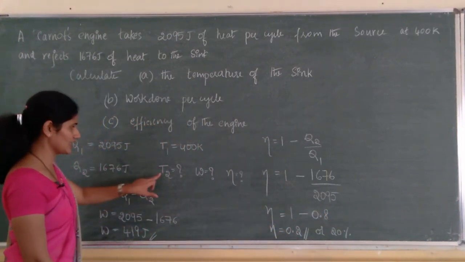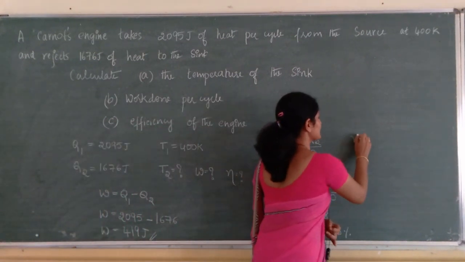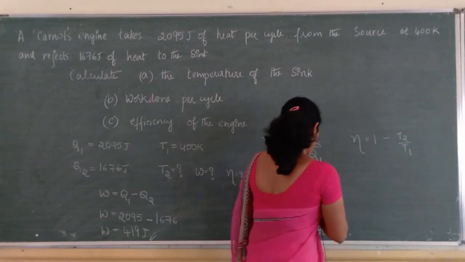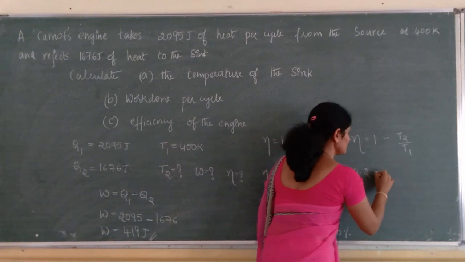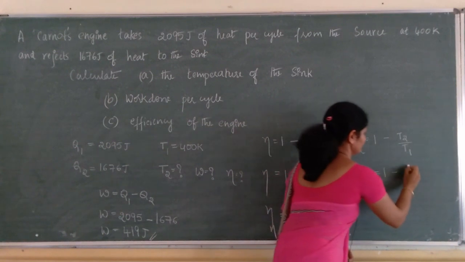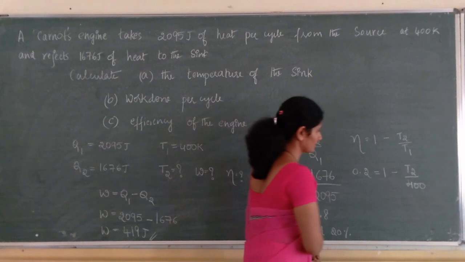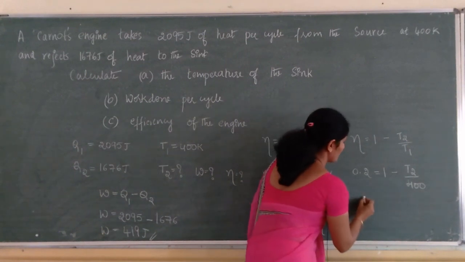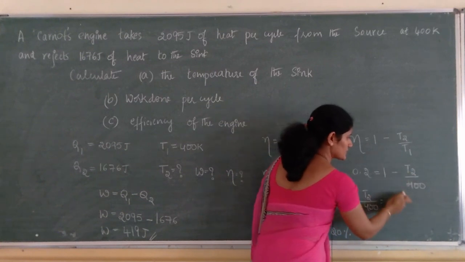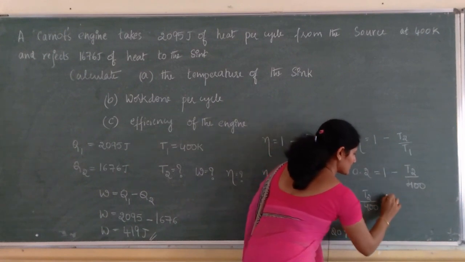Now, we can easily calculate T2, because eta is equal to 1 minus T2 by T1. Eta is 0.2, equal to 1 minus T2 divided by T1, which is 400. So, bring this T2 by 400 this side. T2 by 400 is equal to 1 minus 0.2.